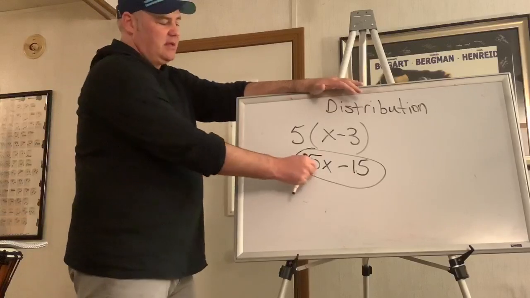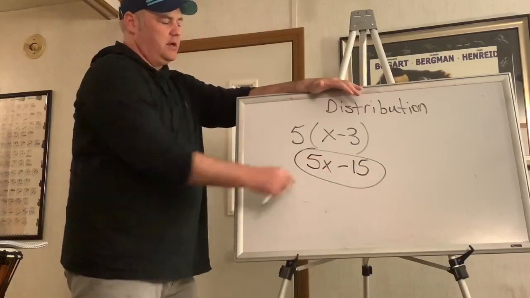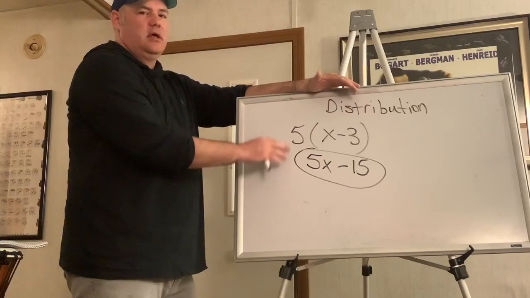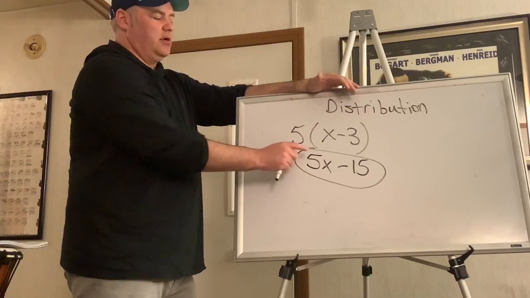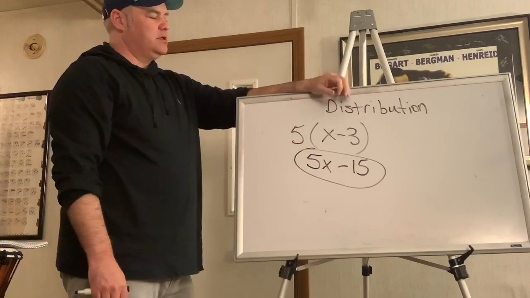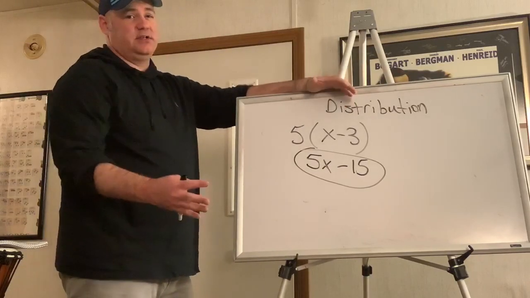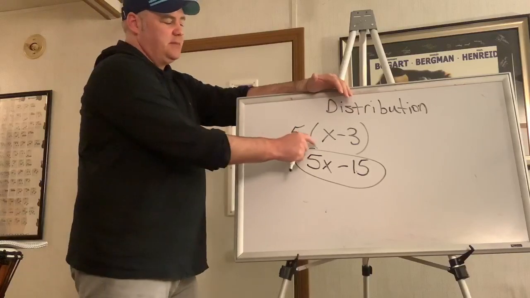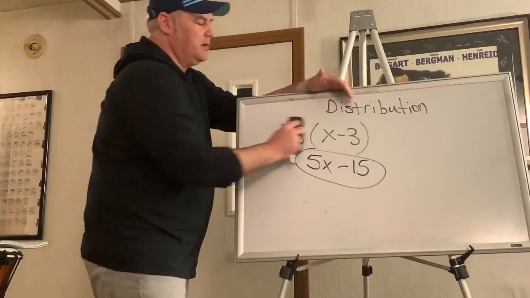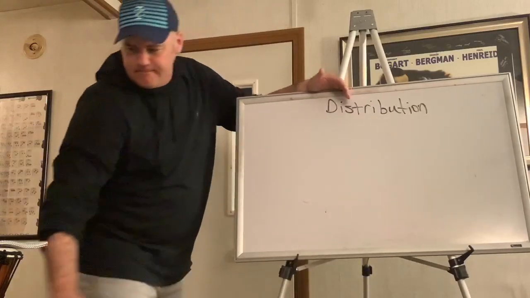That's where you stop. You cannot combine those: one has an x, one doesn't. But you have simplified this problem, down to where all you do is plug in what your x is when you need to, and you can solve from there. That is why we have to distribute as we go on in algebra: we don't have the option of combining this. Let's do a little bit longer one.